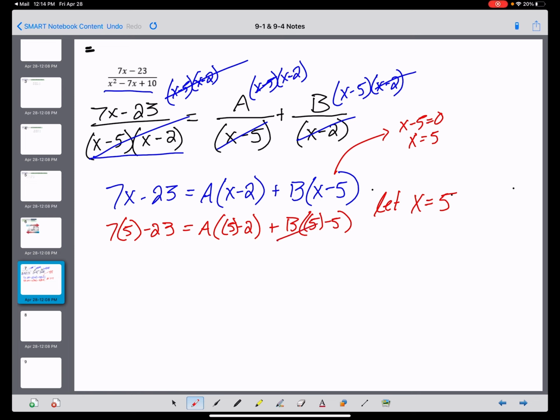So now the B zeroes out. Here I have 5 minus 2, which is 3, so I got 3A is equal to 7 times 5, 35, minus 23, which is 12. Now we can solve for A. Divide both sides by 3, and I got A equals 4.